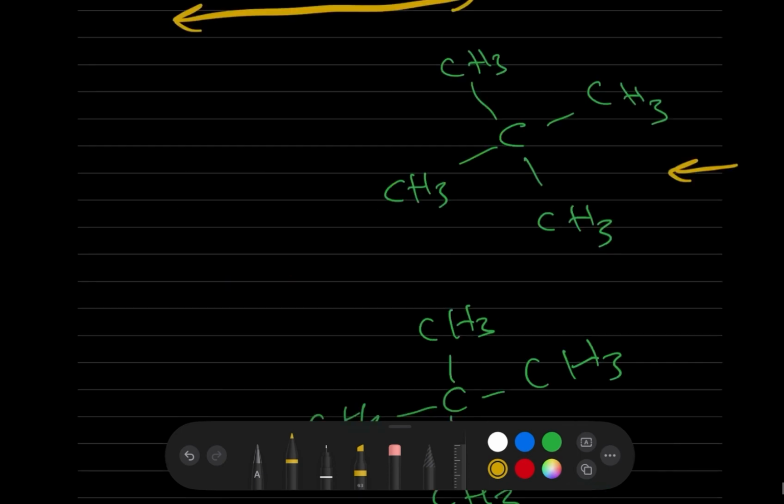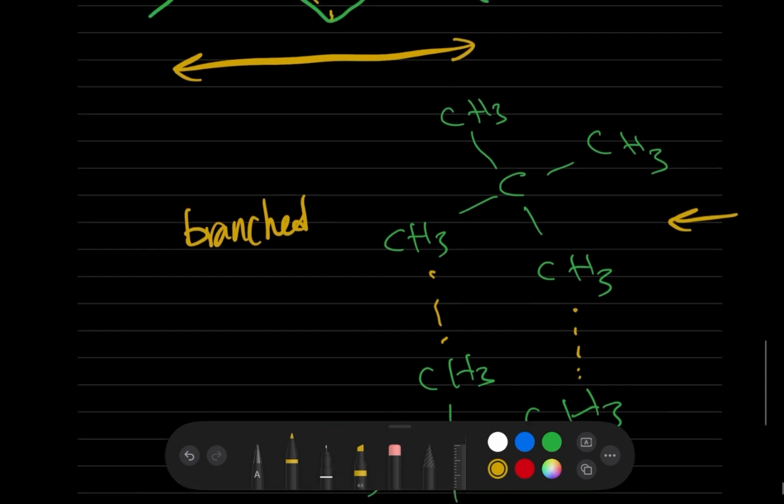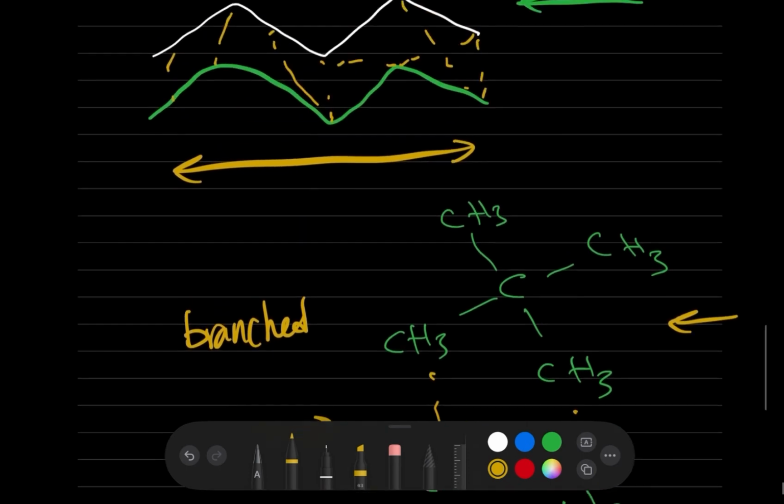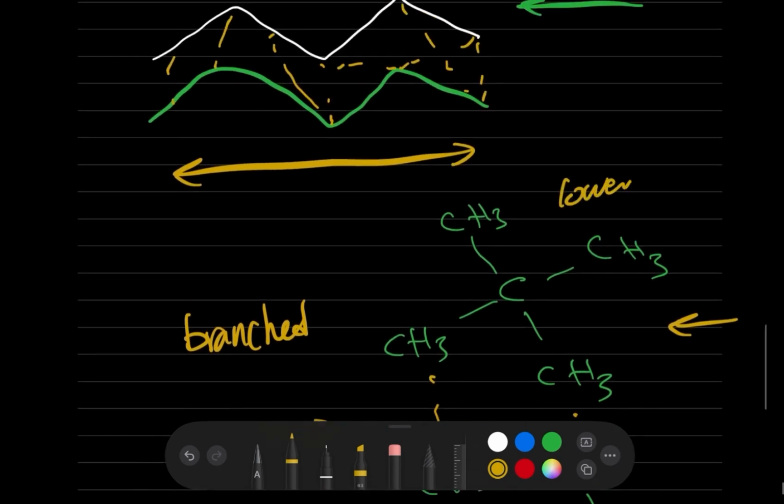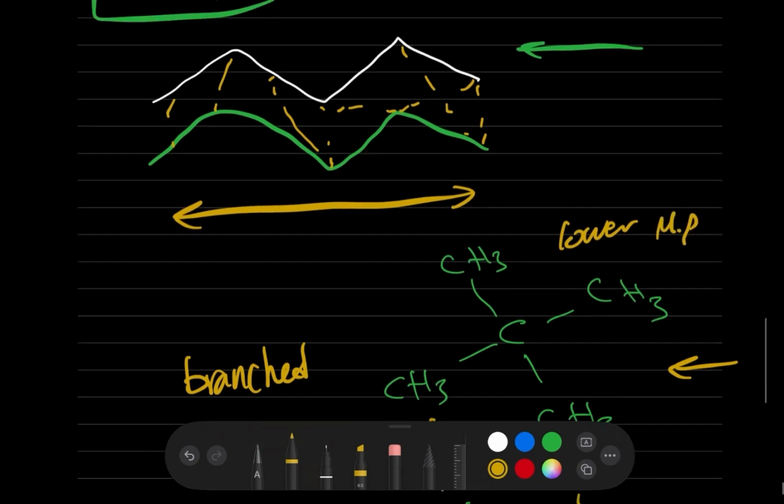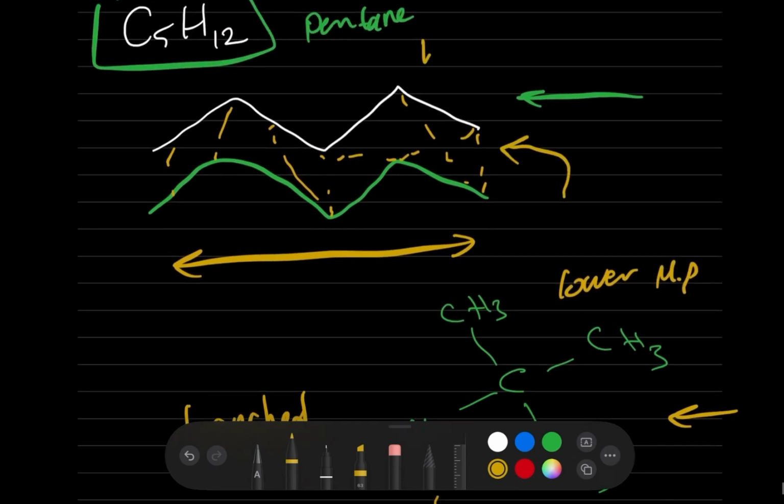But here it's branched. And since it's branched, if you have two molecules, they will start to approach each other, and technically, per two molecules, you probably have almost 2 contact points. That's why you have less attraction in this case, and we're expecting to have a lower melting point than this one, which could have a higher melting point.